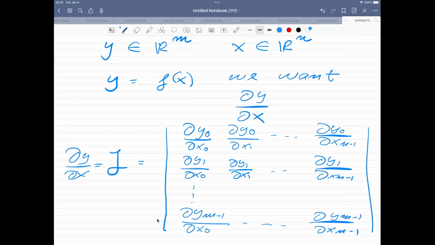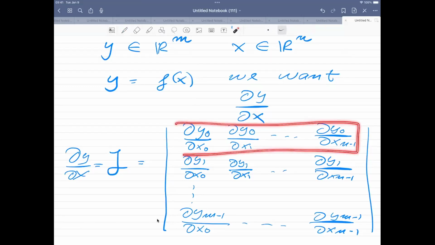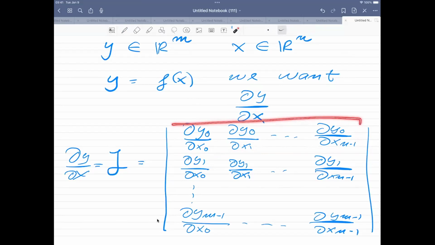The reason why I say this is that if you now think of what you have here, if y is a scalar and x is a vector, that means that in that case we will only have this row here. So the derivative is a 1 times n matrix.